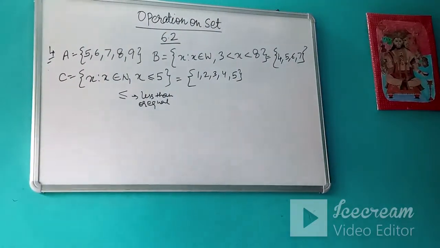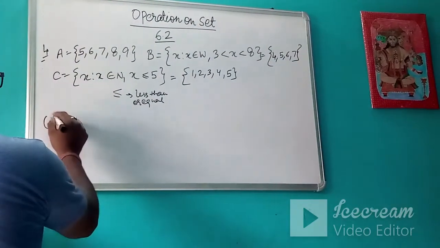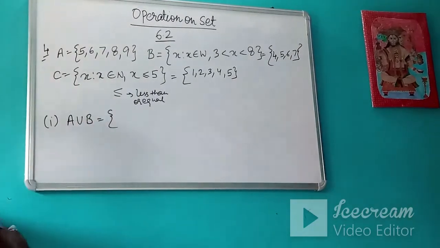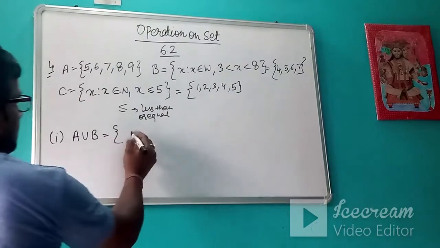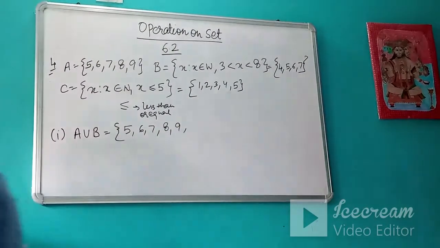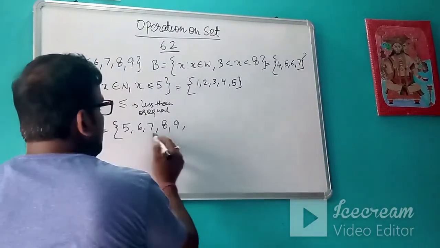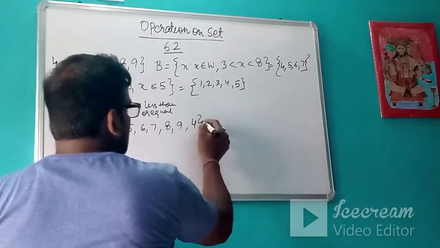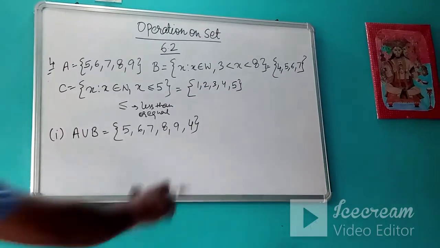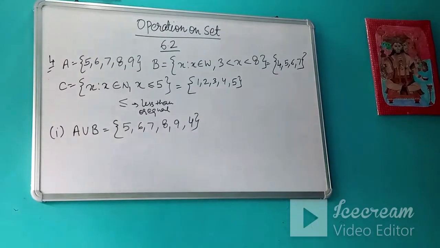So this will be your C. Now first we have to calculate A union B. A union B means all the elements of A, as well as all the elements in B. So 5, 6, 7 is already there, we will write only 4. This will be your A union B, and you can write 4 here or you can write 4 here also. There will be no problem. Sequence of elements does not matter.